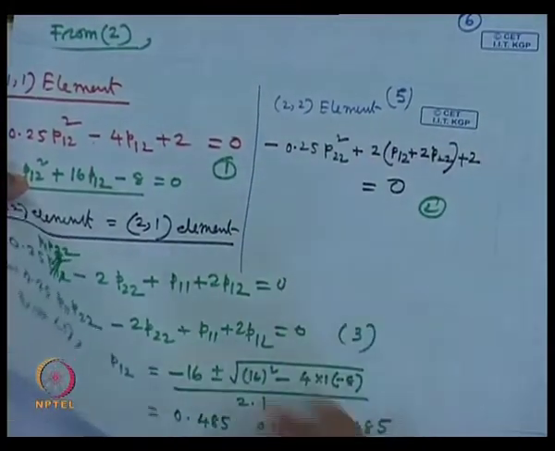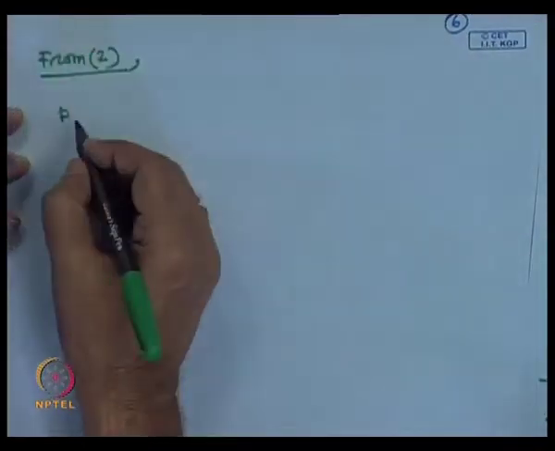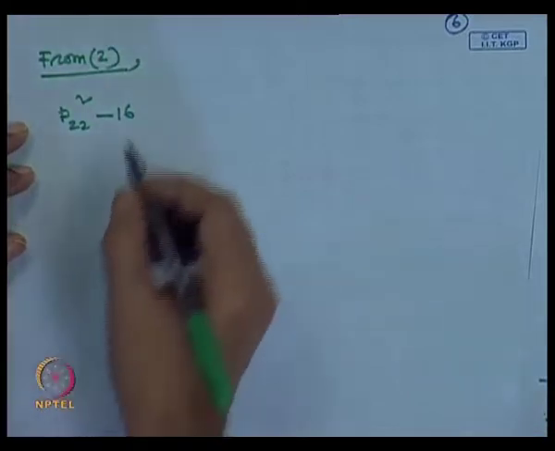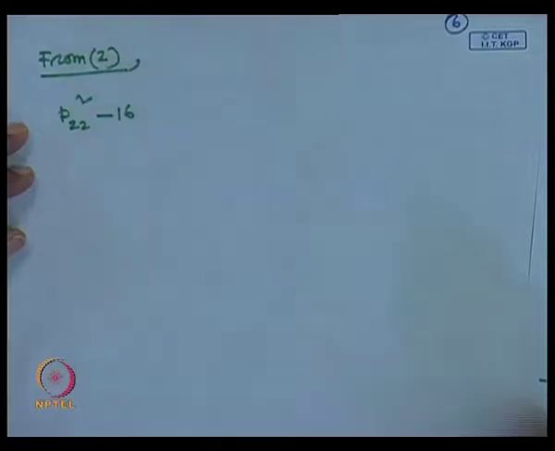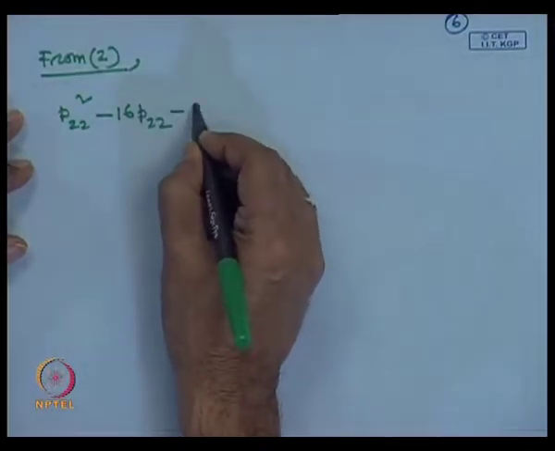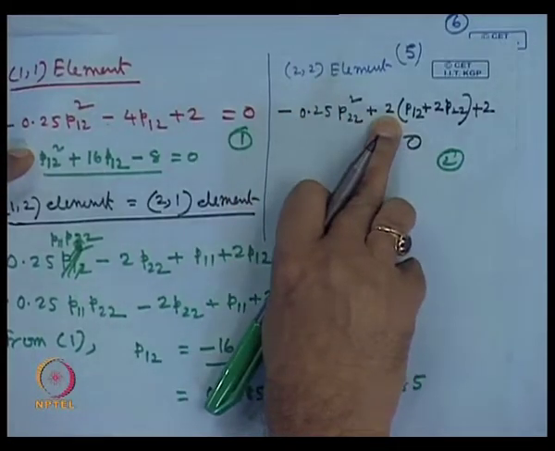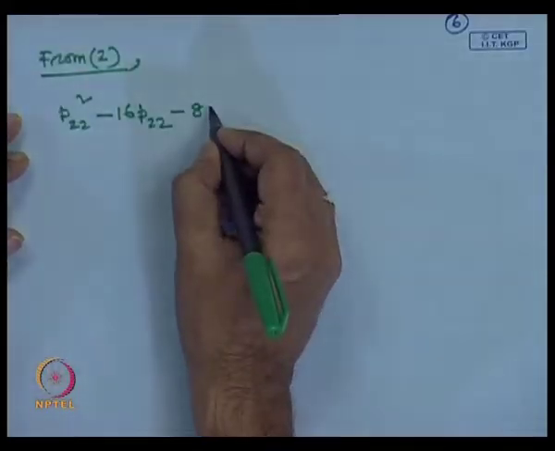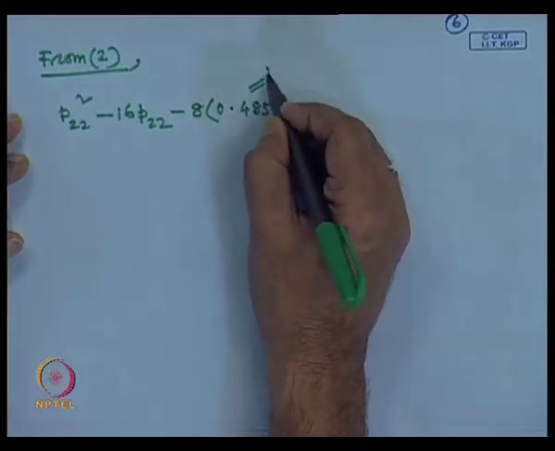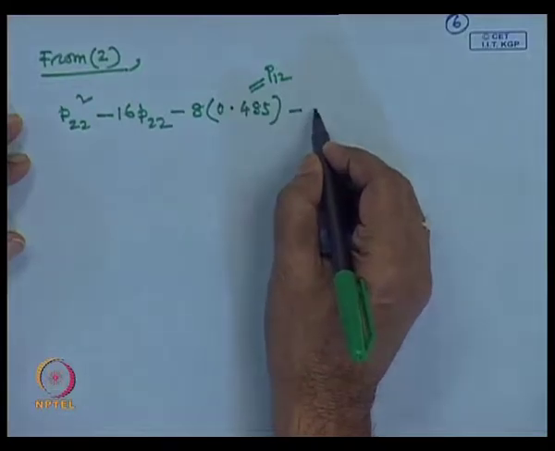So, if you put the values of that expression, once again I multiply both sides by minus 4, and it will come P22 square minus 16 P22 minus 8 P12, and the P12 value is this, and minus next is minus 8 is equal to 0.